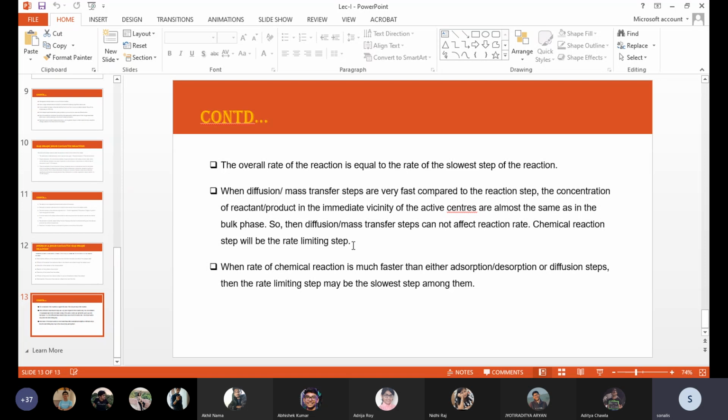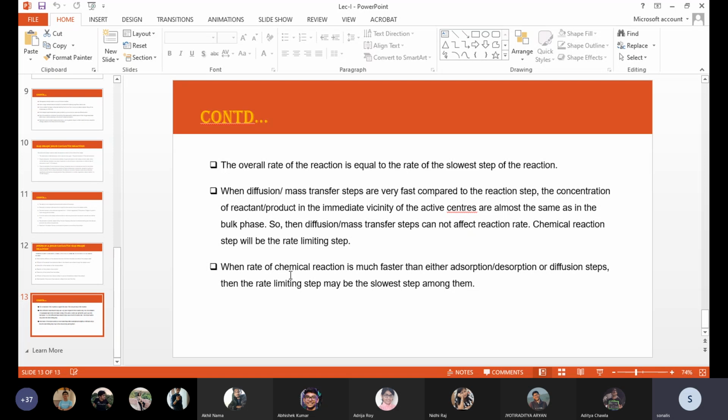So if everyone is fast, then only it is possible. Obviously the whole run is determined by the run of every single runner. Here also it is the same. As the reaction is slower, although the other steps are very fast, this reaction controls the overall rate of the process.